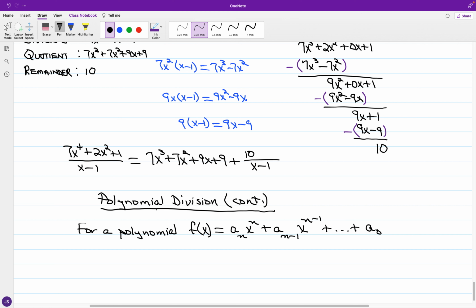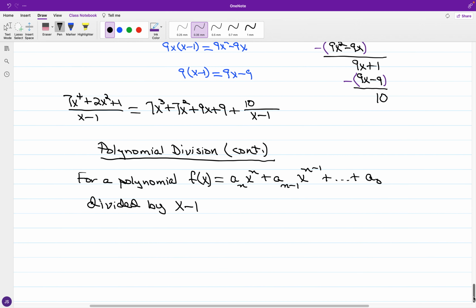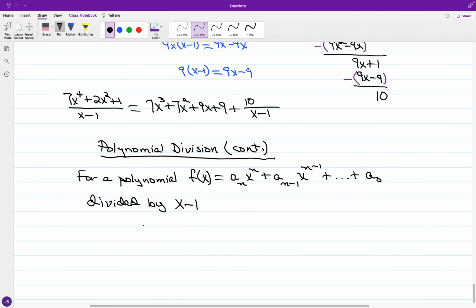We have a polynomial divided by a binomial expression that is linear, in case you have x minus c.